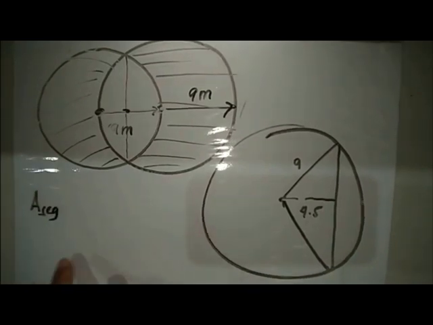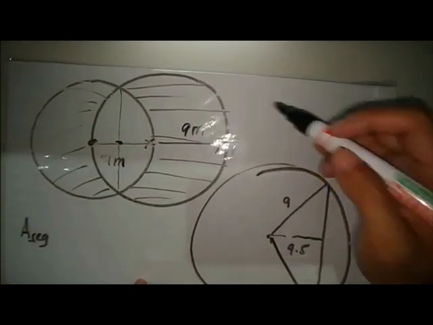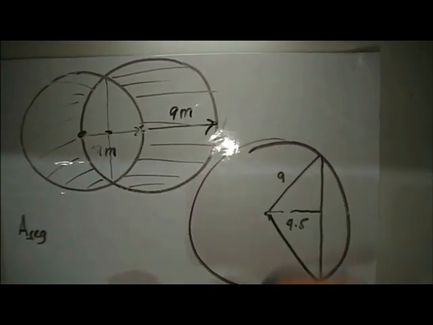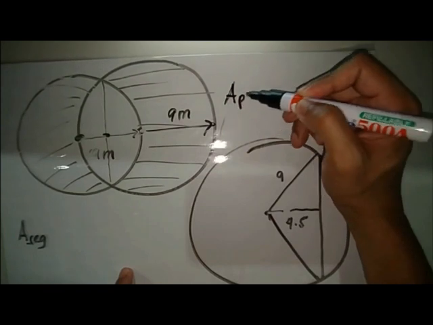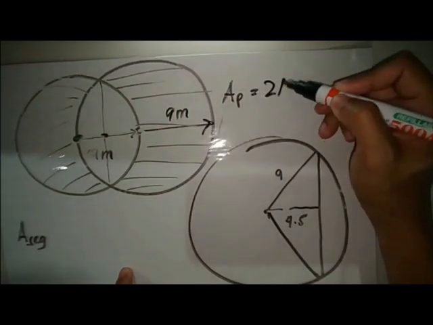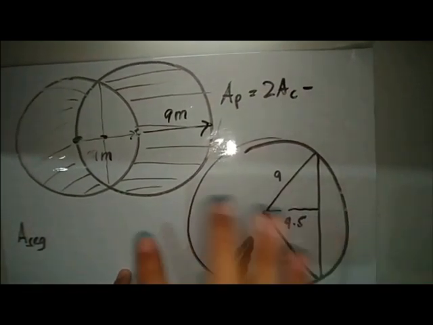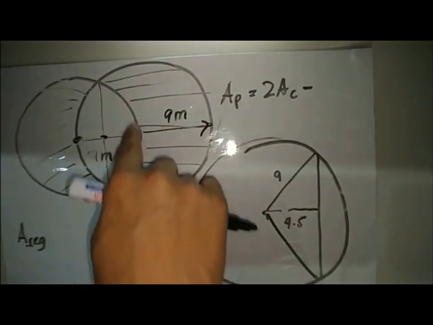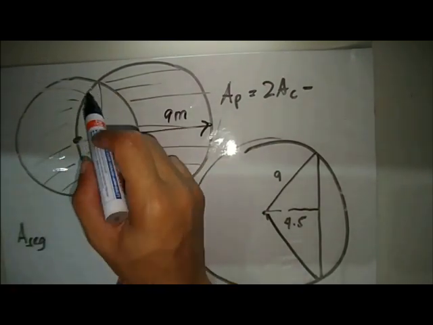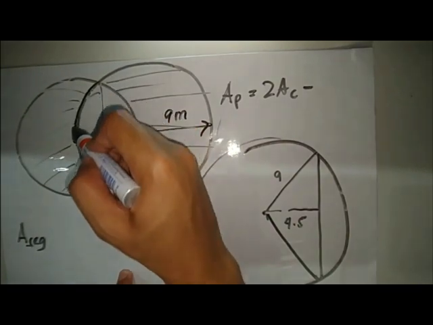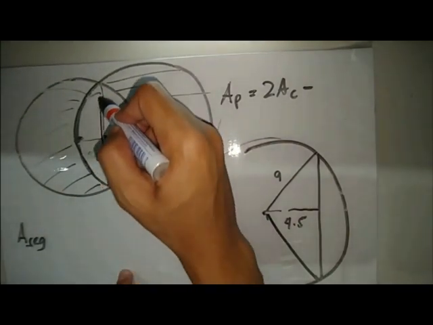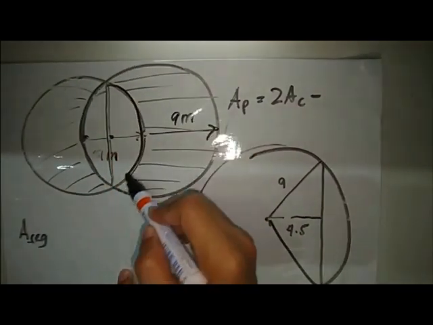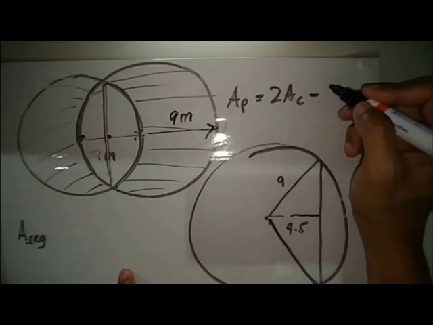Hinahanap natin yung area ng pool. So, the area of the pool is equal to twice ng area ng circle minus twice ng area ng segment. You have these two segments, ito at ito.